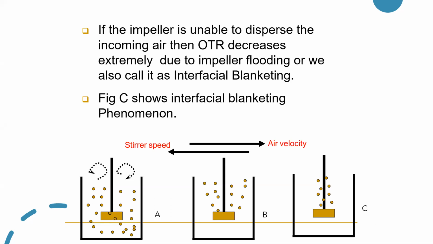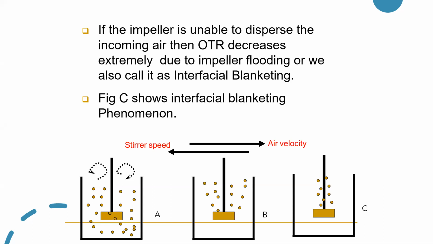At whatever rate you are supplying the oxygen in the bioreactor, at the same rate the impeller should rotate and disperse this oxygen. You can see in figure A, the speed of the stirrer is matching the air velocity, and these yellow circular particles are my gas bubbles, which are uniformly circulated in the entire reactor.